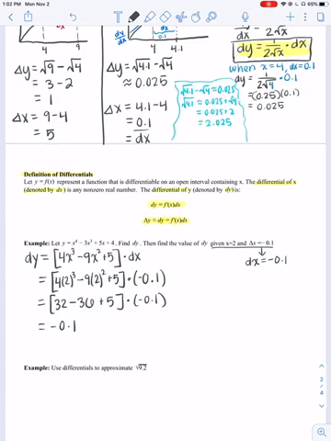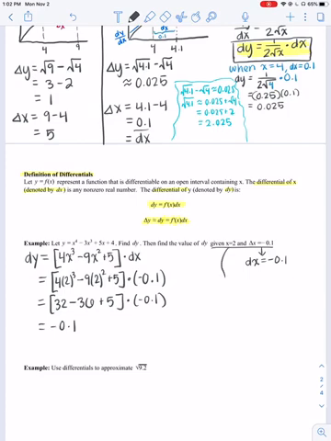So really what this would be doing is approximating the change in y when we are working with the values 2.